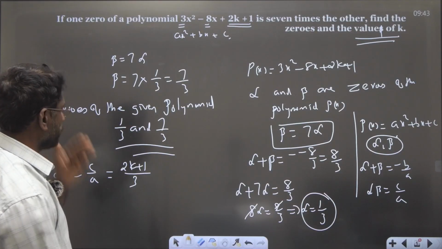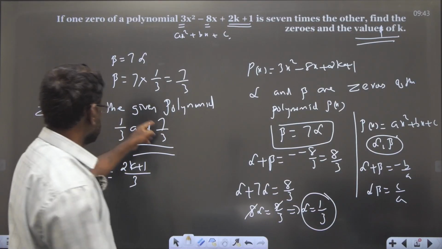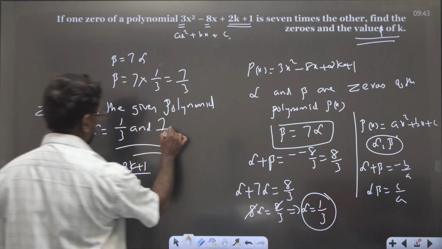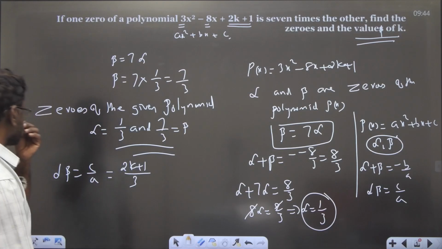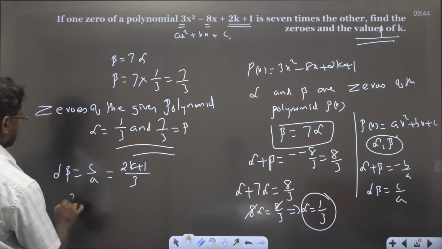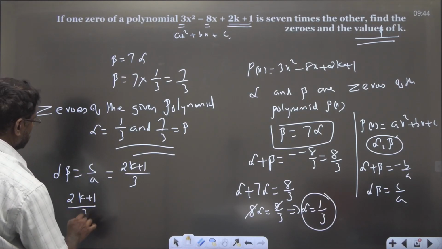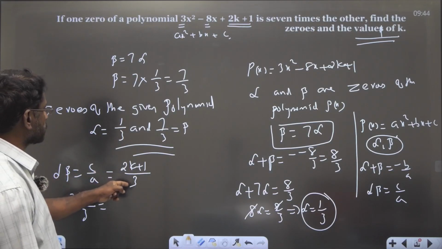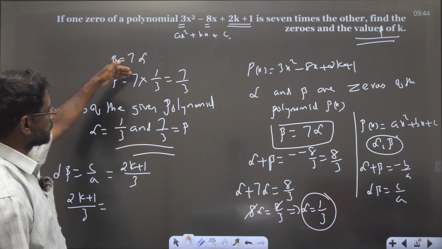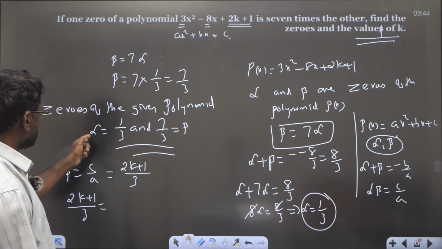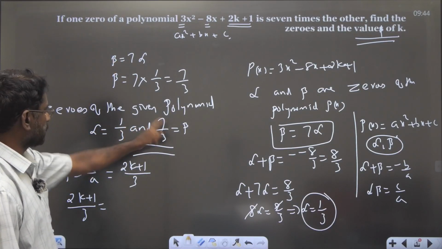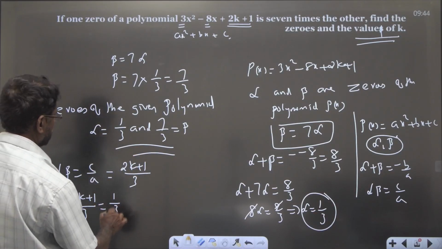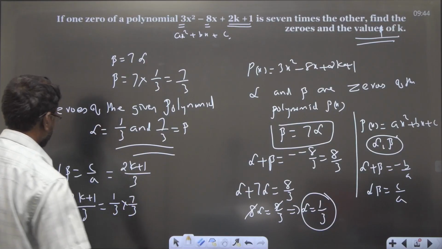But from the zeros we got alpha 1 by 3, beta 7 by 3, so alpha beta is equal to 1 by 3 into 7 by 3.